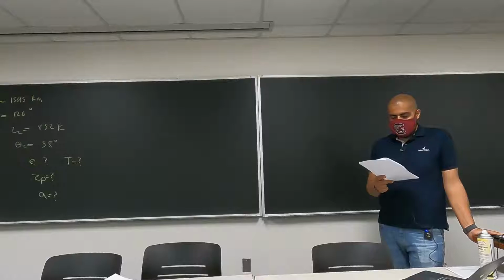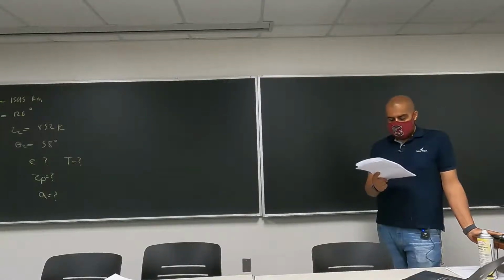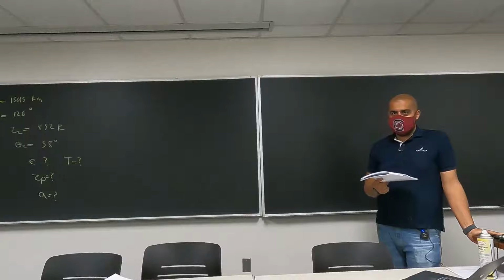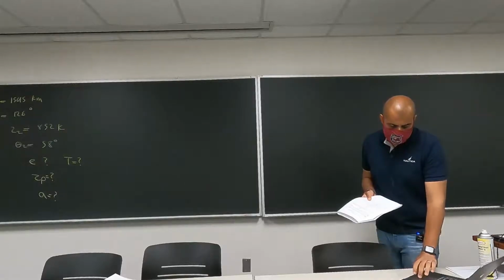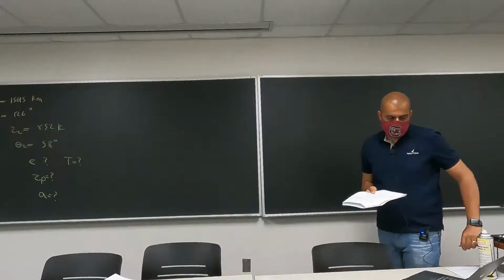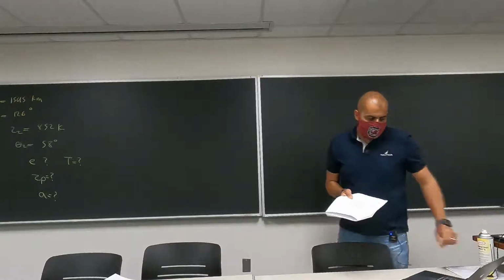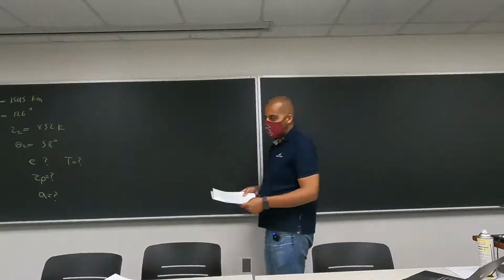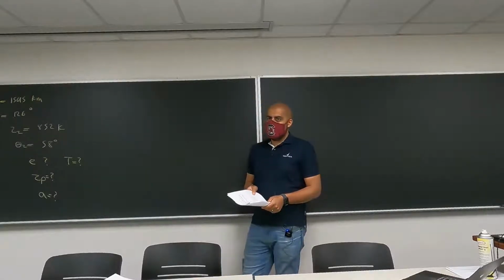Do you have any ideas? Yes. Okay. A while back, we used an equation to find the eccentricity. That was RA minus RP over RA plus RP, but we didn't know RA or RP, so we used RE and the others. Can we still use it?